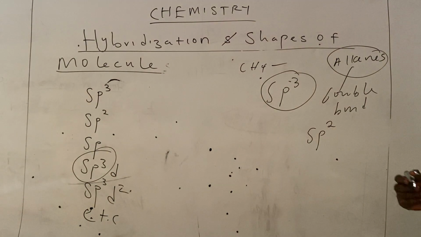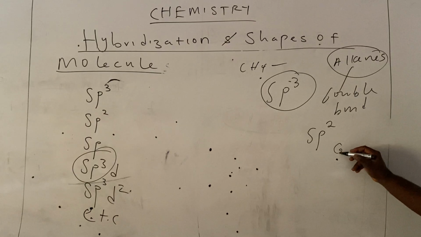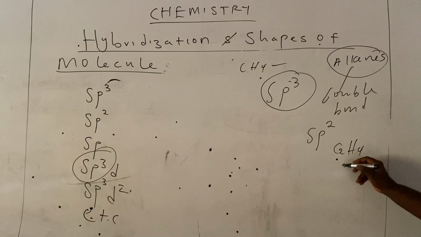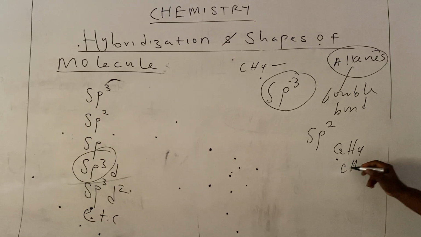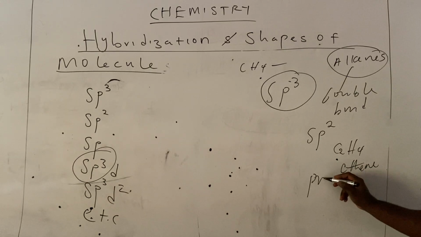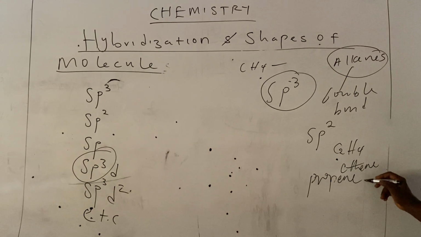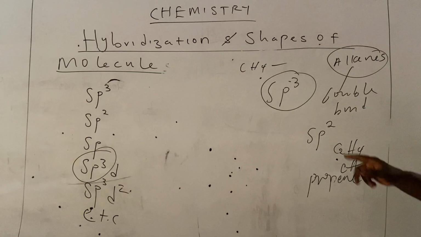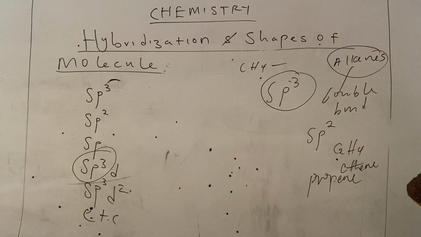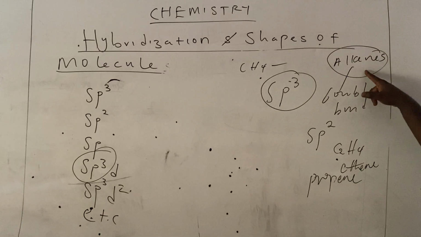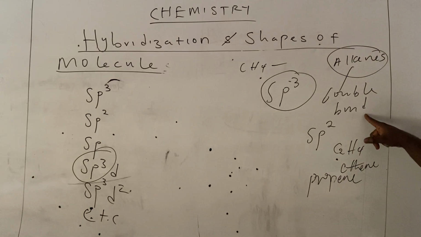For example, your ethene, your propene, your butene, your pentene, and the rest of them all have sp2 hybridization. As long as it is an alkene, the double bond is sp2.